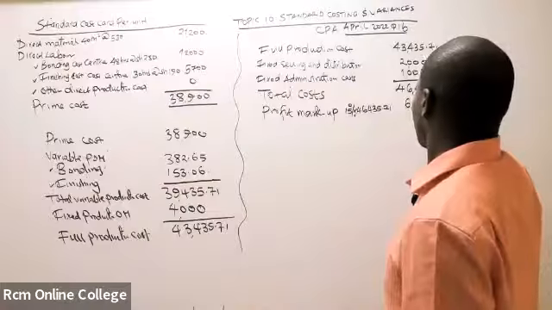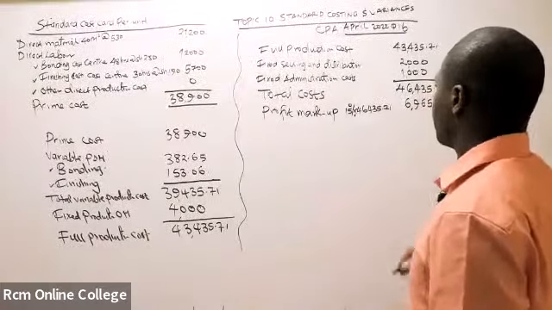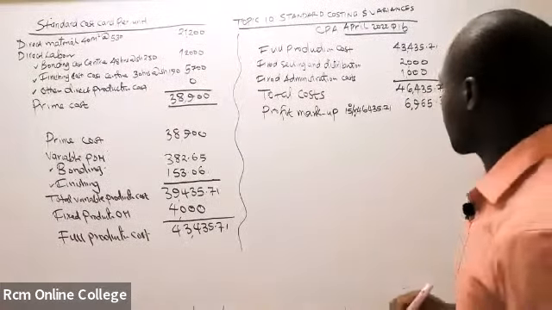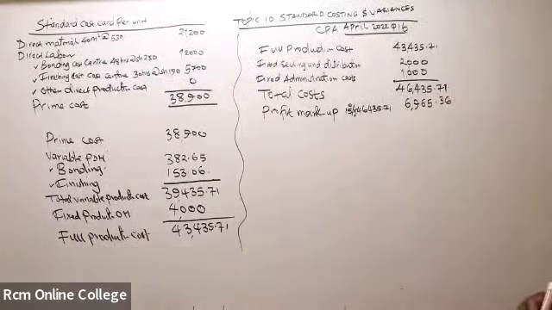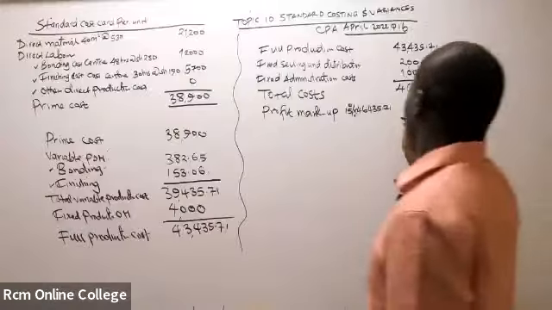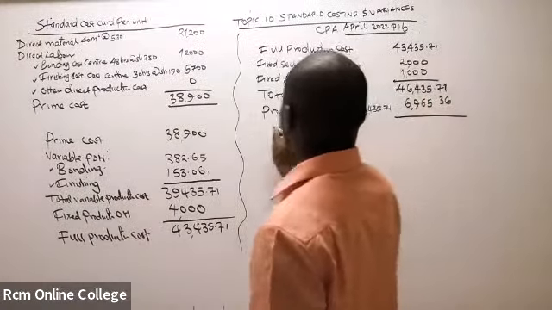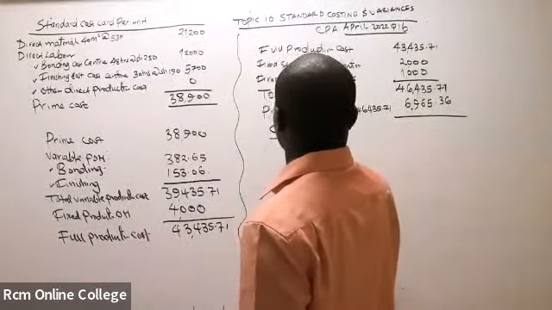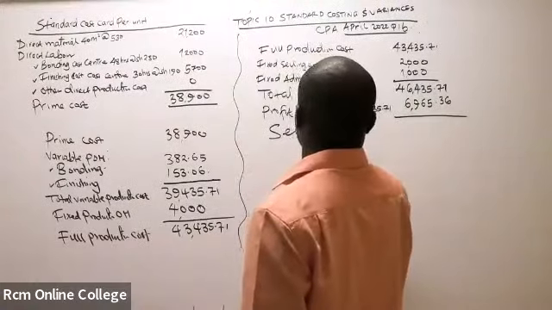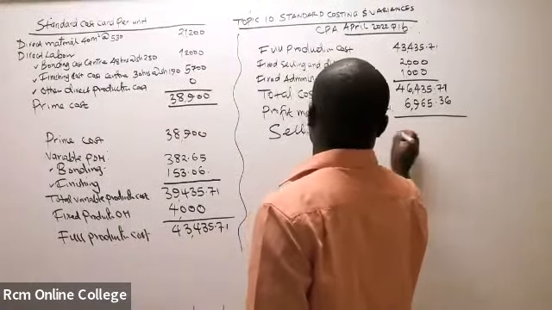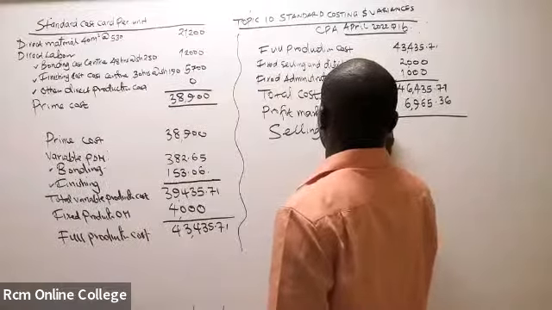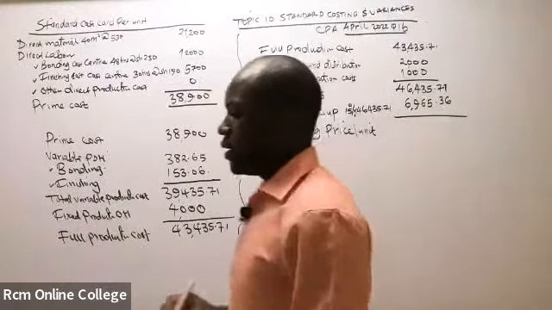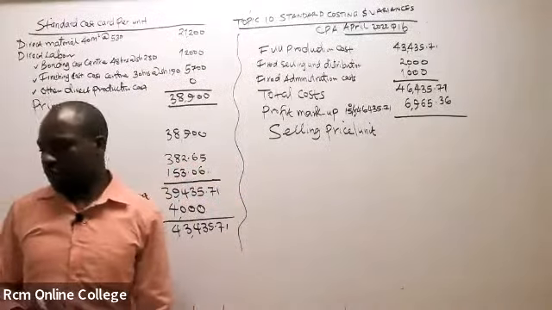Are we getting 6,965.36? Good. So can you add all that? When you add, you are talking about selling price. Selling price itakuwa ngapi? Selling price per unit. Now that all these costs are per unit. Budgeted selling price.